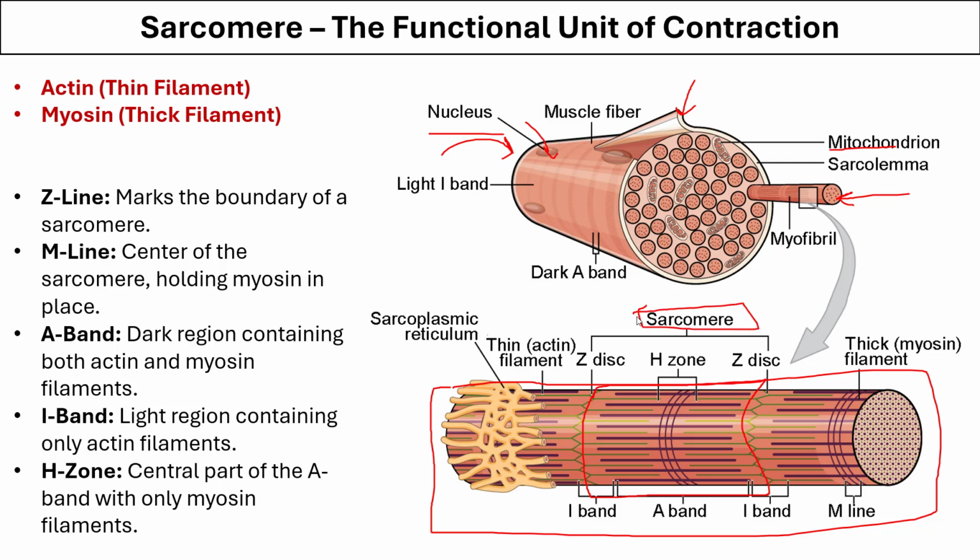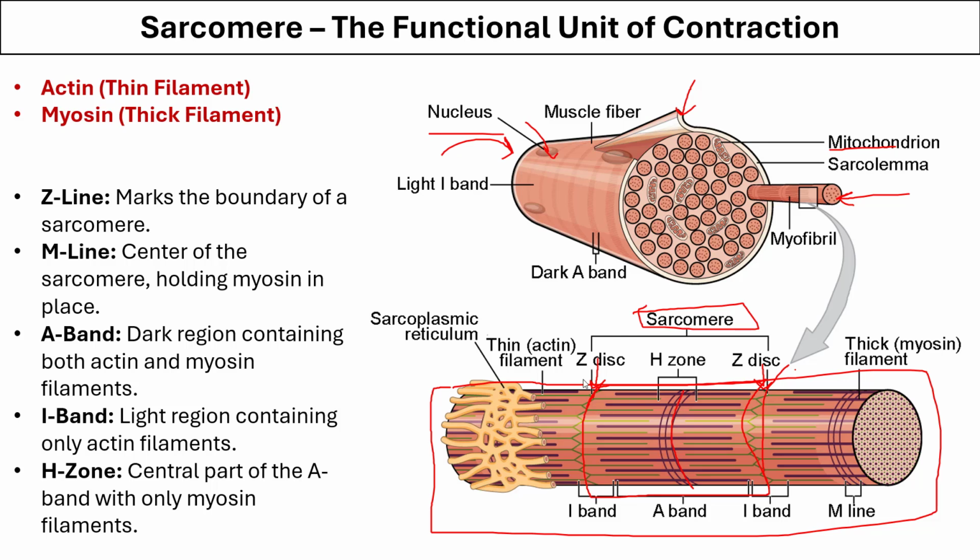So let's talk about one sarcomere. One sarcomere extends from one Z disc to the next Z disc. So Z disc to Z disc is one sarcomere. You can cut the myofibril into several small pieces called sarcomeres. The middle line is your M line.